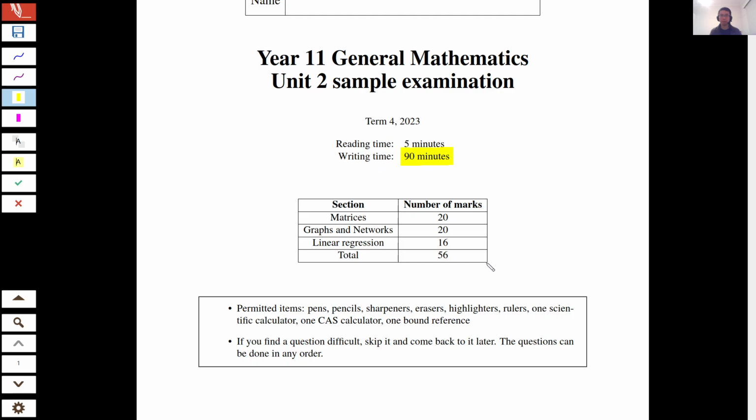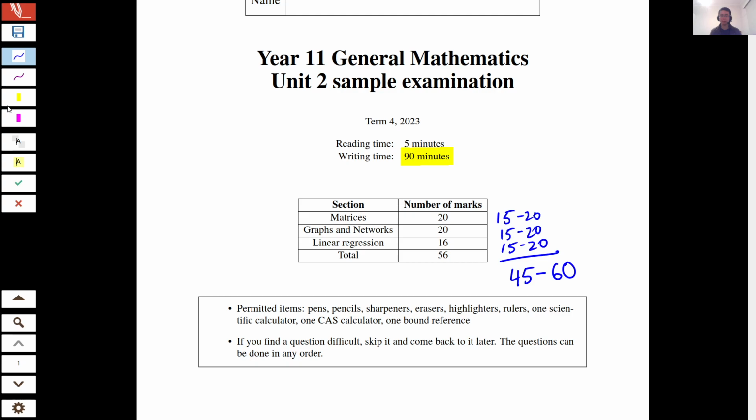And if people don't do so well, I'll scale the marks. So one thing I will say is that on the real exam, each section will be 15 to 20 marks, which means the total will be somewhere between 45 and 60.